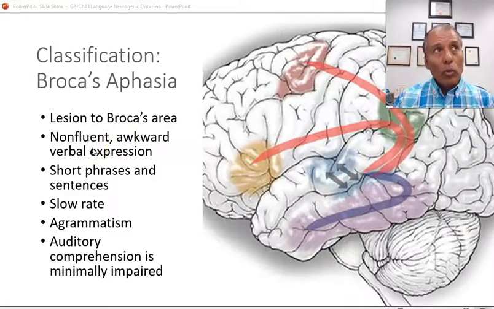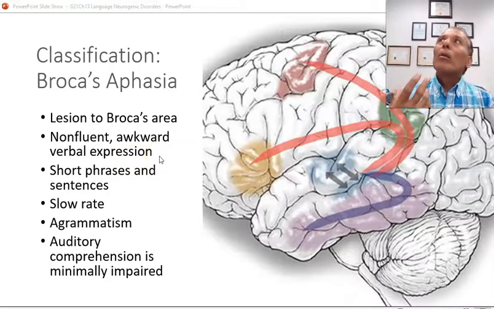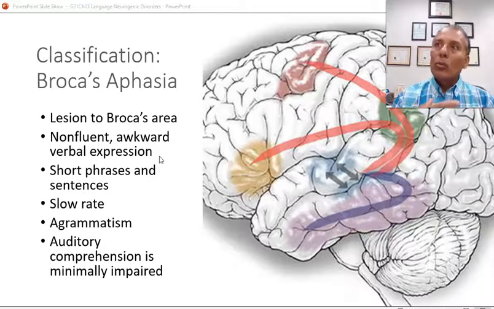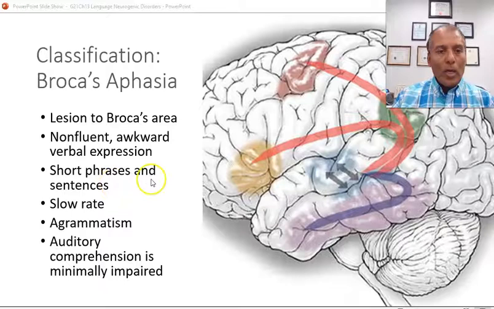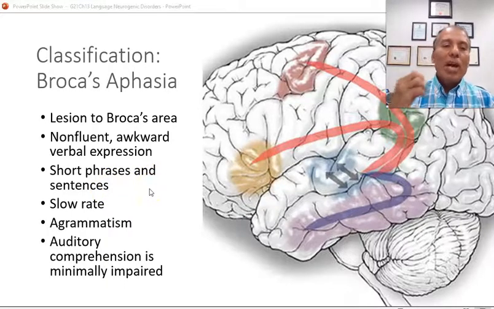The person will be pausing and struggling to find words. Awkward verbal expression, kind of slow, thinking and trying to find ways to get words out. Short phrases and sentences, and there is agrammatism.